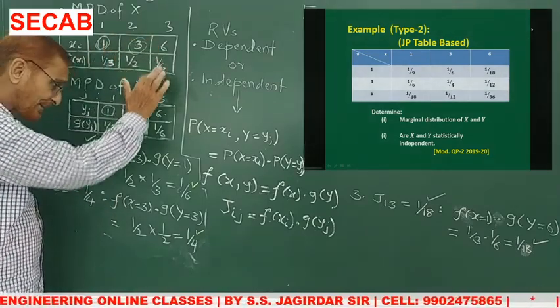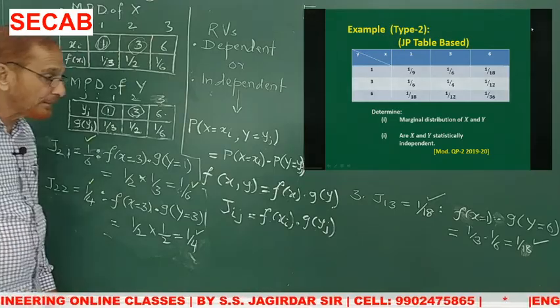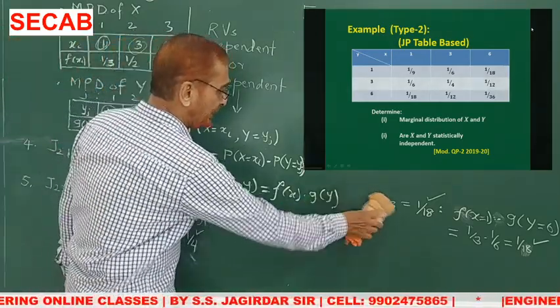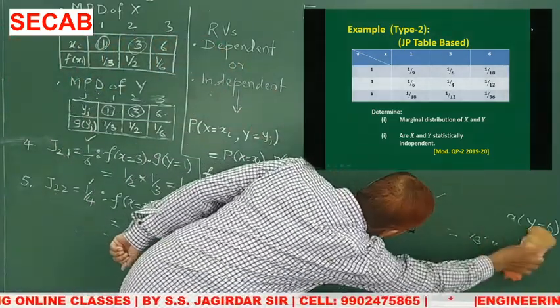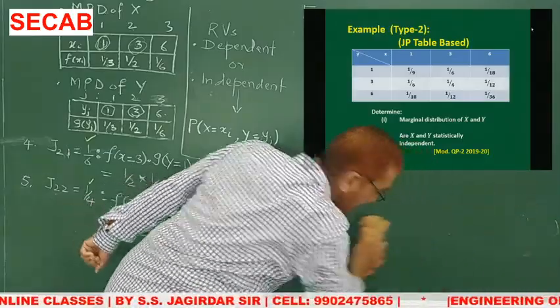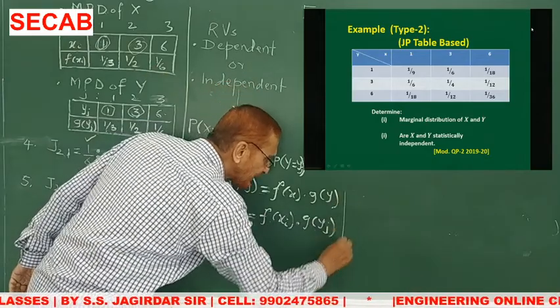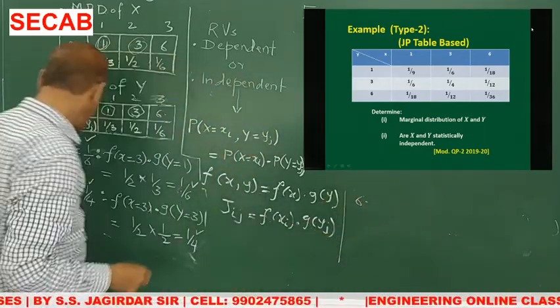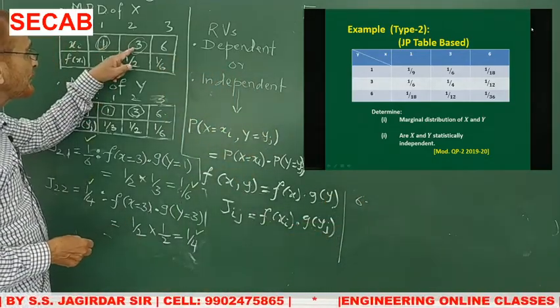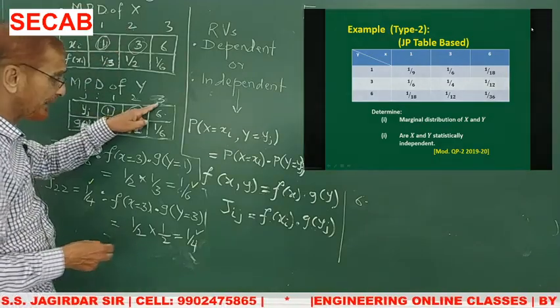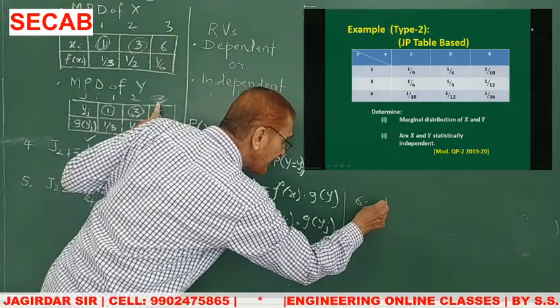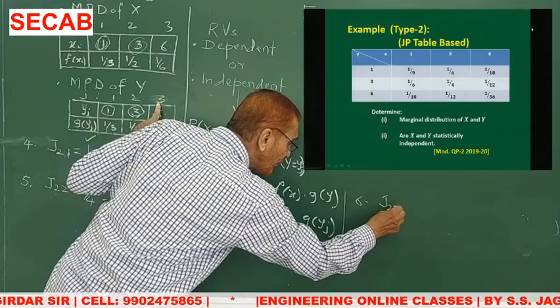The last case is the 6th value we are checking, that is J23.